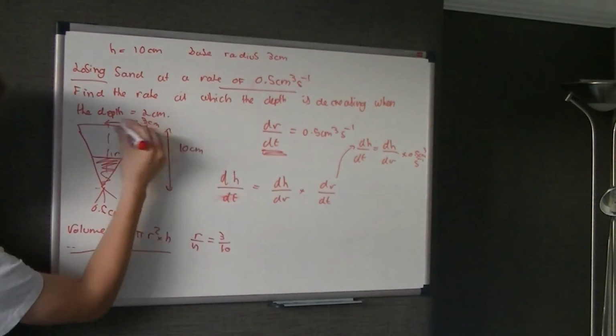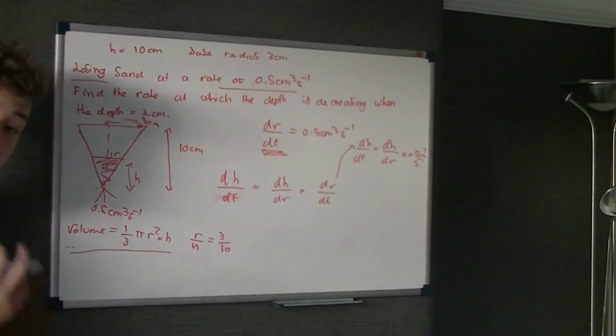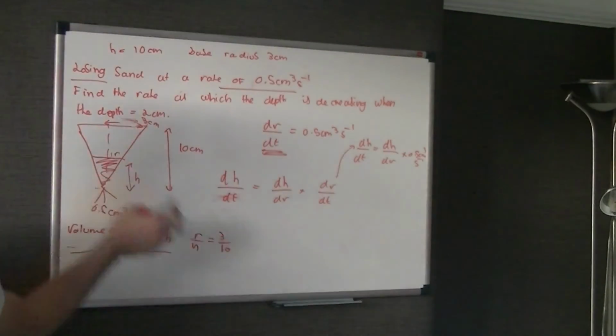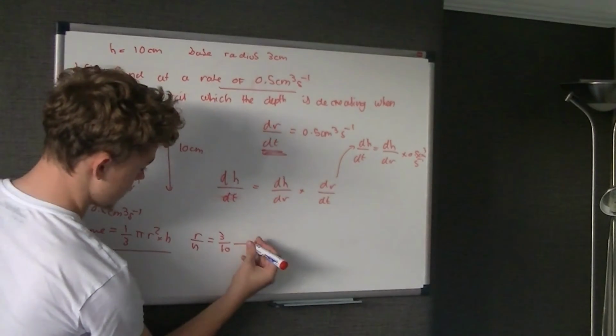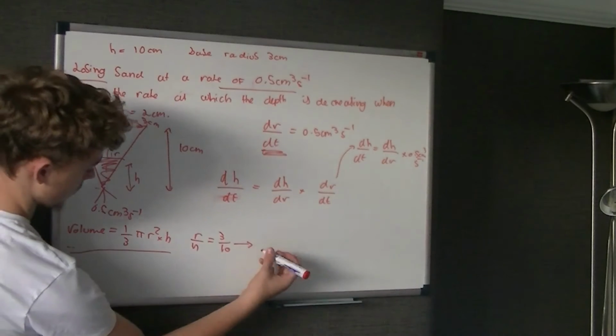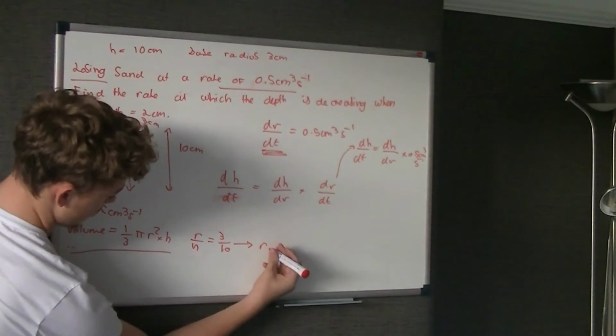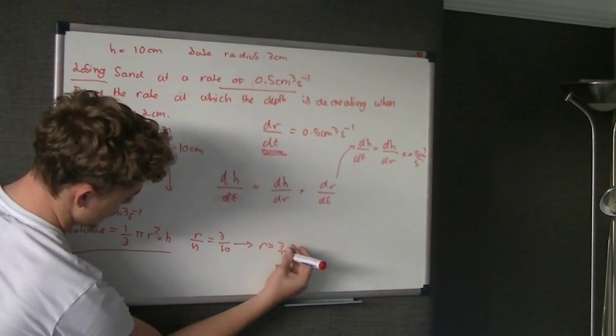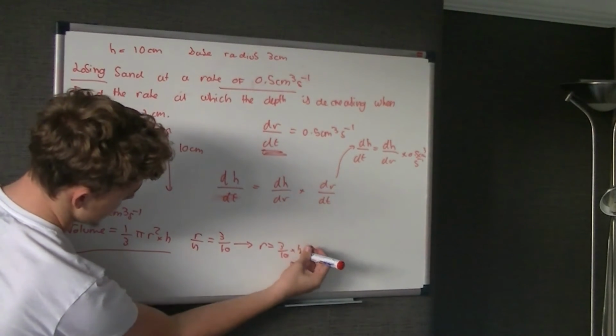This 3 comes from here, the 10 comes from here, because they are in the same proportions, so they are similar shapes. So that's why we can work out what r is. We times both sides by h because we want to make r equal to some form of h. So r is equal to 3/10, or 0.3 times h.